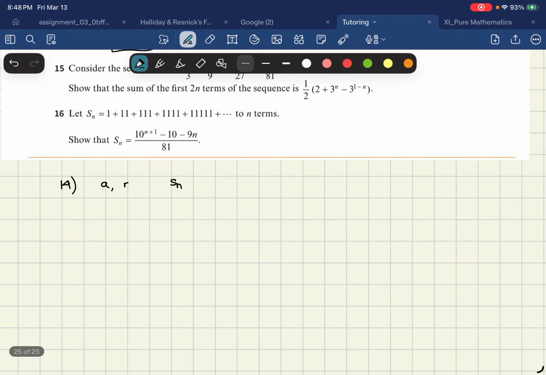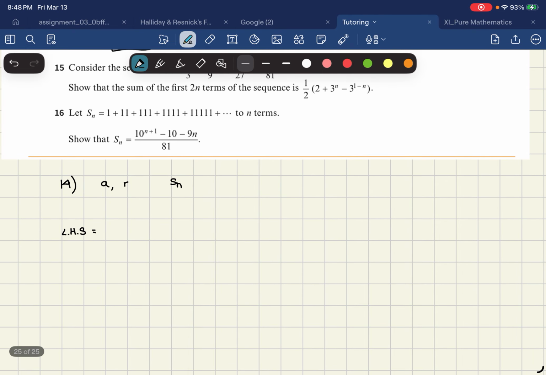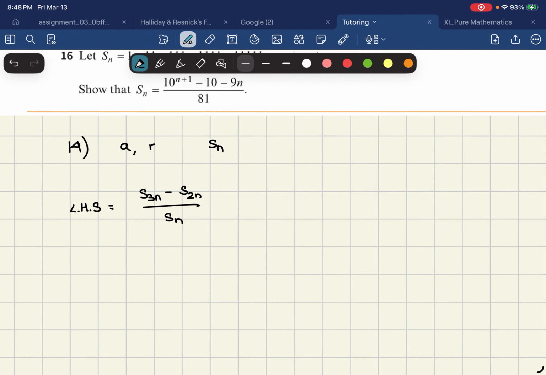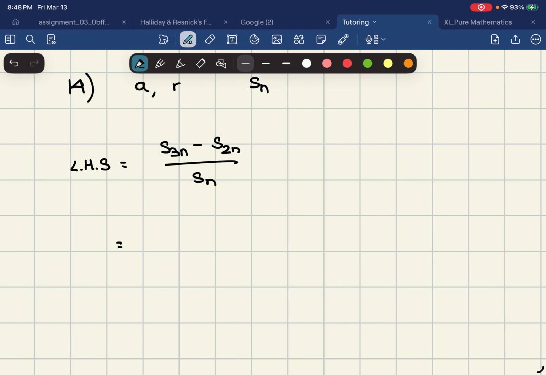Let's write down our left-hand side. It says we have S of 3n minus S of 2n, divided by S of n. We just want to substitute the formulas. S of 3n is just a times r to the power 3n minus 1, divided by r minus 1, right?